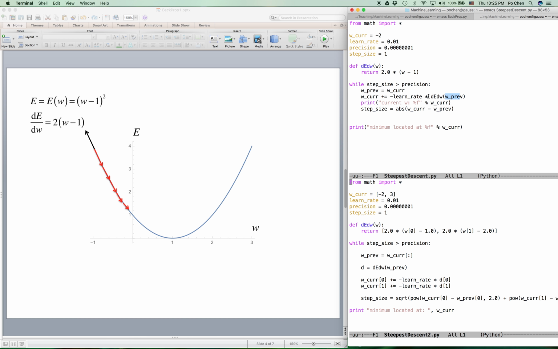So if you move the minus sign onto the derivative, that's exactly the negative derivative. It's learn rate multiplying the negative derivative, basically. So we are basically taking one step along the negative derivative.